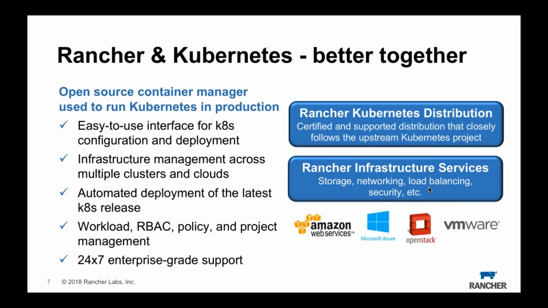We also provide the same infrastructure management that we did in Rancher 1.0, where we can provision nodes and install Kubernetes across different infrastructures. And on top of that, we provide management of RBAC policies, network policies, and pod security policies across different clusters. So basically, this is central management of all these global configuration items that you want to then use on the clusters.